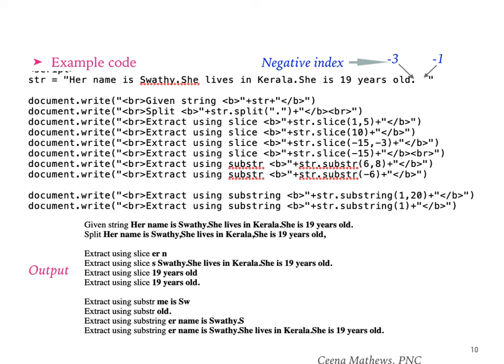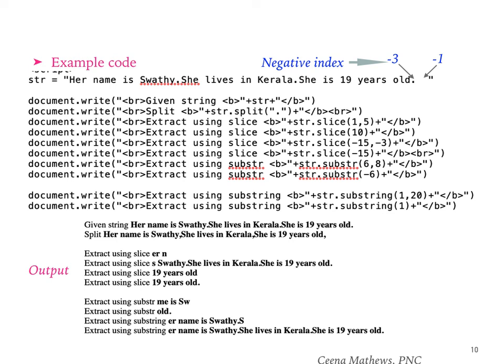Okay. And the next one uses only one parameter, negative indexing, that is -15. It will start from 19 to the end of the string. Since at the end we have spaces, you cannot see the spaces in the output, but it displays the spaces also.